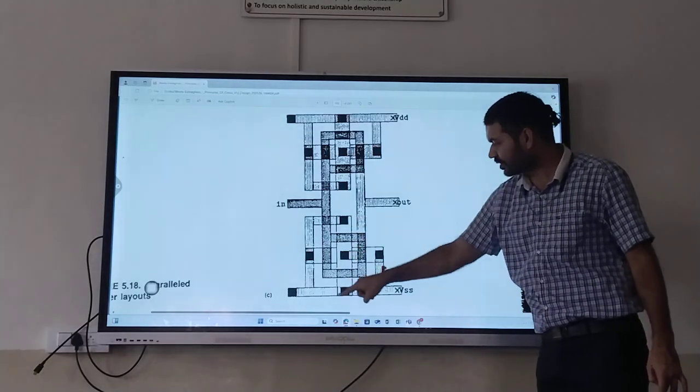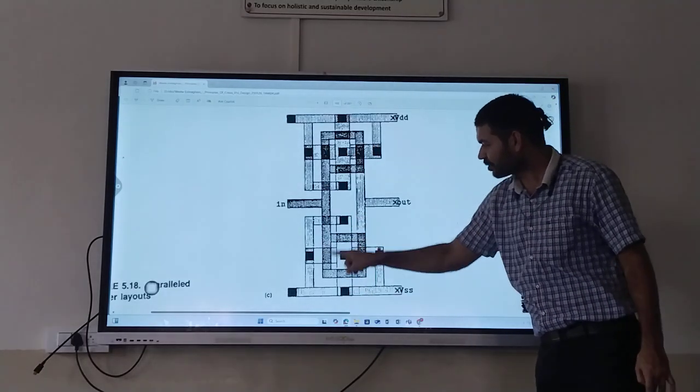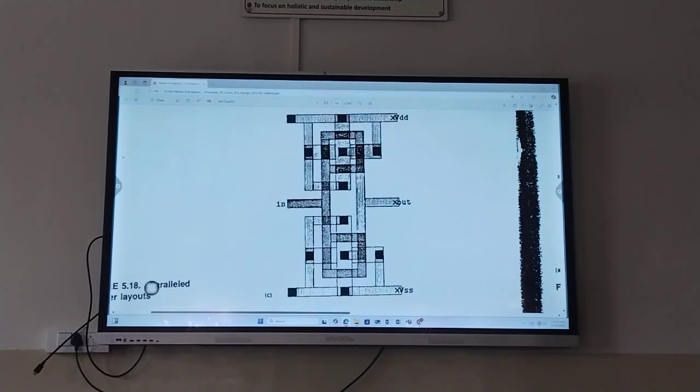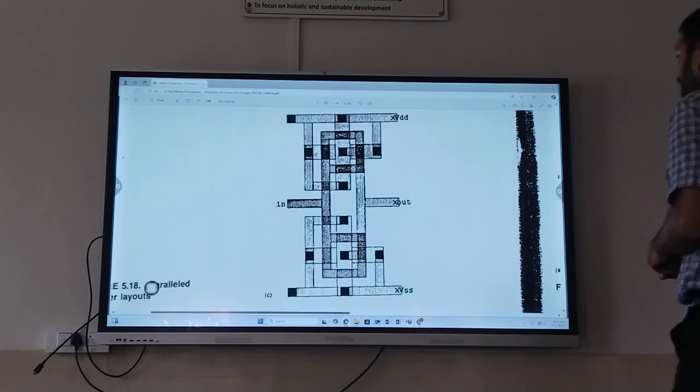These are the 4 sources of NMOS, which are shorted to ground. So 4 parallel inverters, 4 in number. It doesn't look that easy, but it is a 4-in-1 parallel inverter.